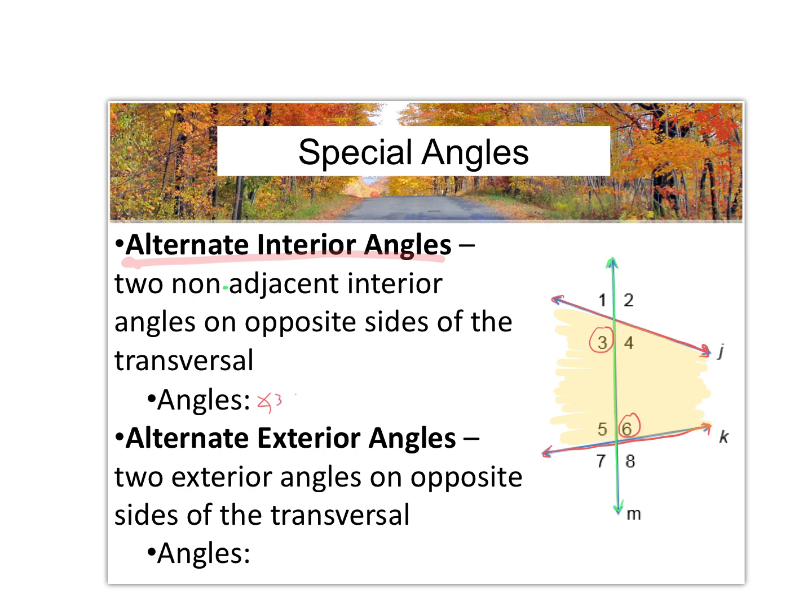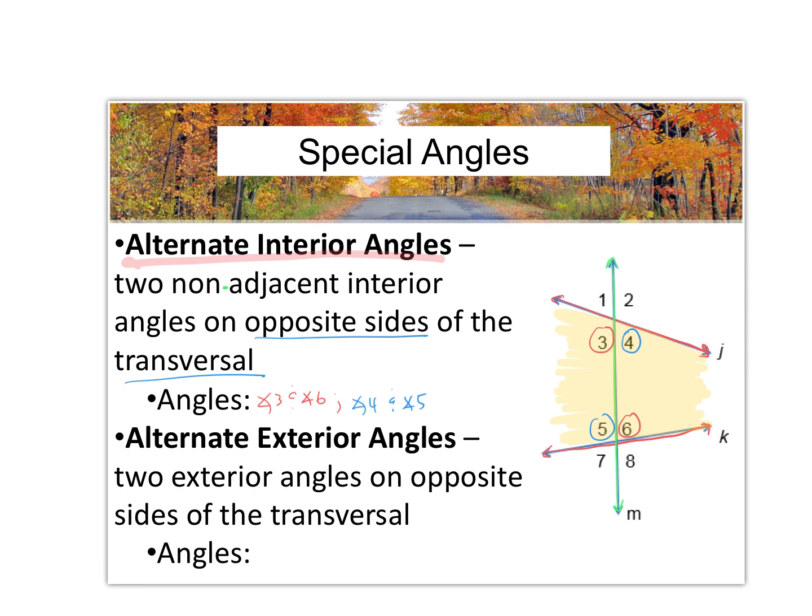So angle 3 and angle 6 meet the definition for alternate interior angles. Another pair of angles that meet that are 4 and 5. Angle 4 and angle 5 are on opposite sides of the transversal, the green line, and they're not adjacent.